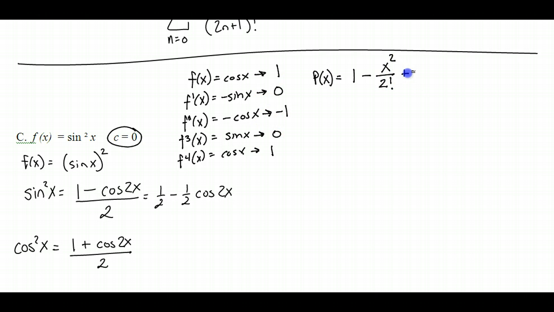Going down, it's a positive 1, so that's x to the 4th divided by 4 factorial. And I hope from here we can see our pattern. Obviously, minus x to the 6th divided by 6 factorial plus x to the 8th divided by 8 factorial, minus, dot dot dot.